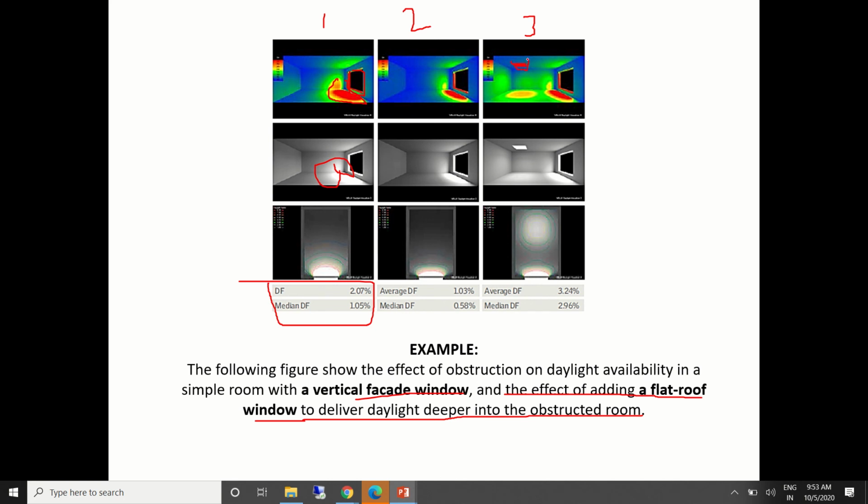They have added an additional roof window; you can see it in the rendering. So this is just to give an example of how simulation results may look.